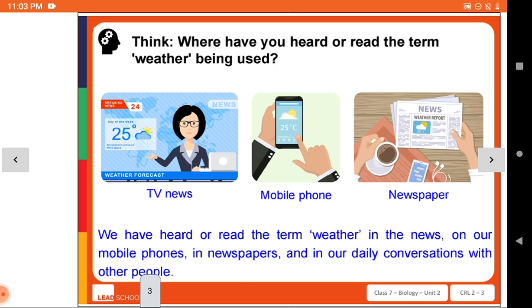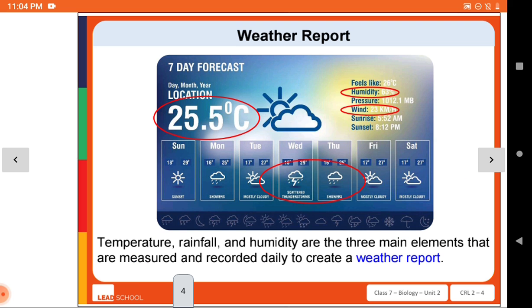The term weather is used in news, phone, newspaper, and conversation with other people. So what do you mean by weather report? A weather report is the climate of a particular place on a particular day.